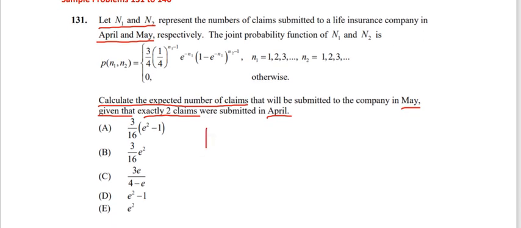We want to find the expected value of N2, May, when N1 equals 2. In order to find this expected value for this variable, we need to know the distribution for N2 under this condition, or we want to find the density function.